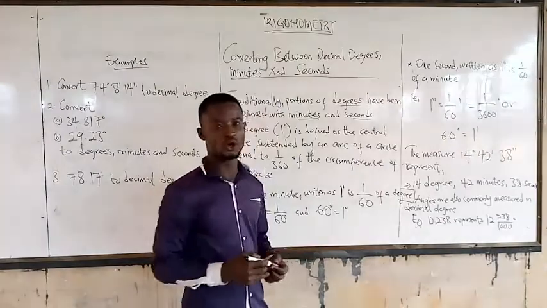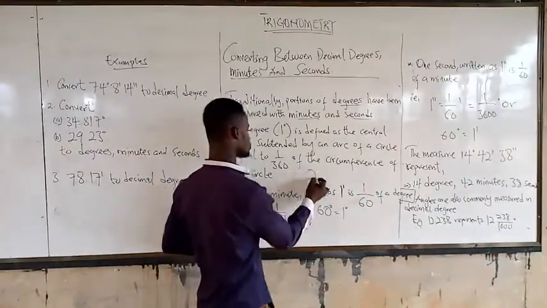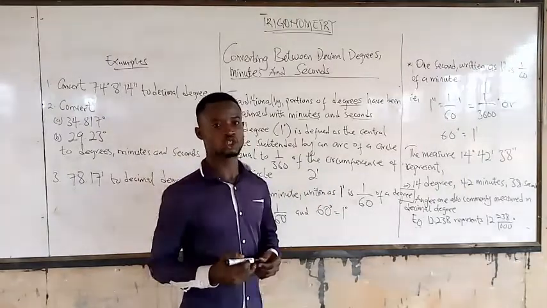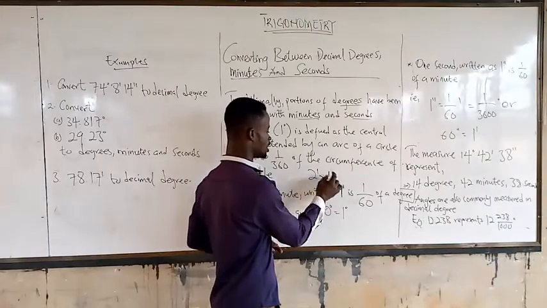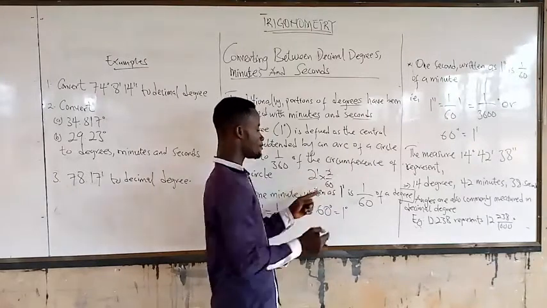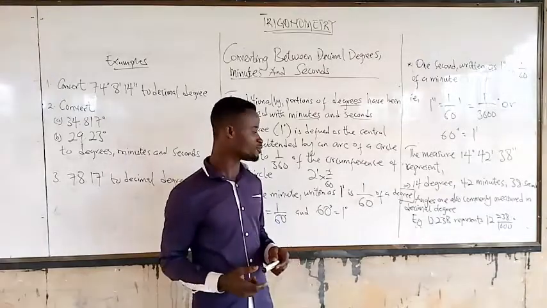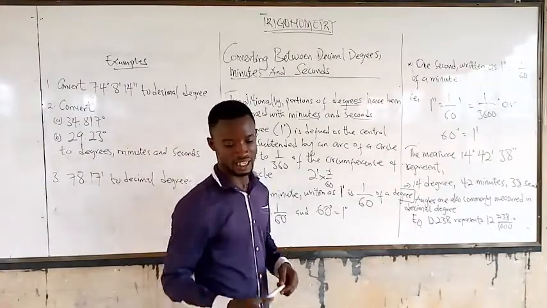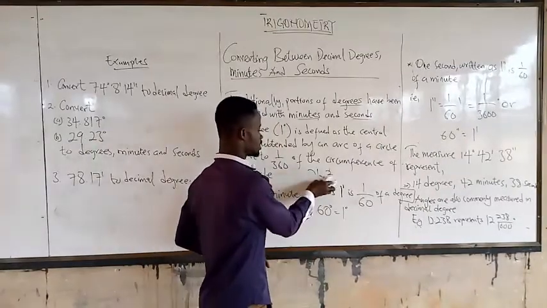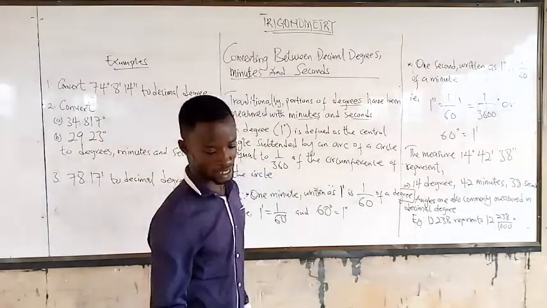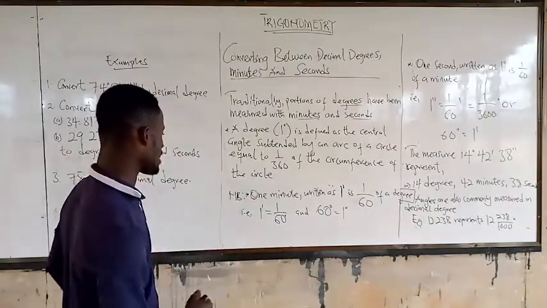Alright. So if you are given, let's say, 2 minutes to convert to a degree, it means that you just multiply the 2 by 1 over 60. Or you just divide it by 60, and any result that will be given to you is in degrees. Alright, so that is that for that.